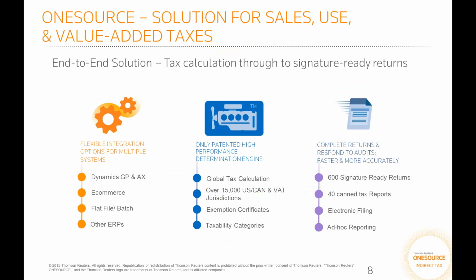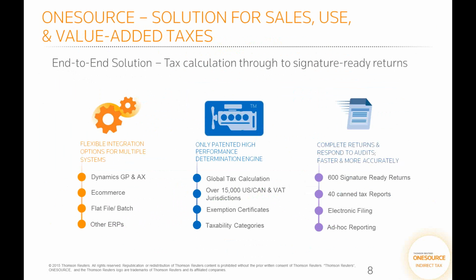And here's a graphic just to illustrate how our end-to-end tax solution calculates. We have flexible integration options for multiple systems. Today we're looking specifically at GP. We also have integrations into AX, and we are also building one into NAV. And we have other ERP systems and e-commerce platforms that we also have an integration built into.